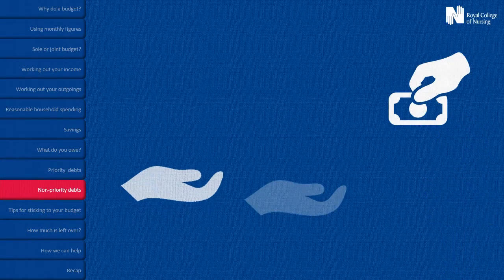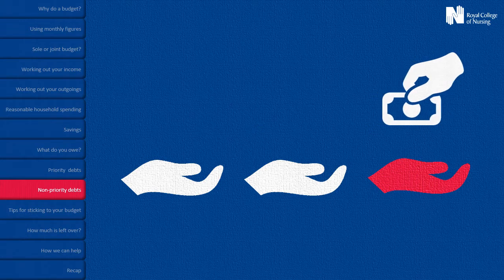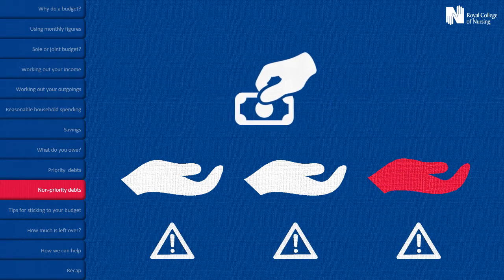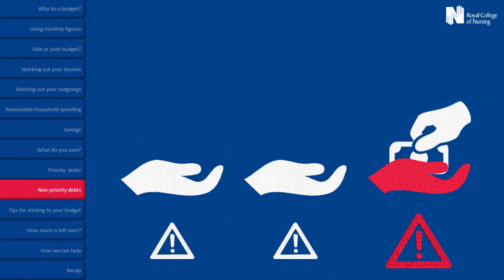Some non-priority debts may feel more important to you to deal with than your priority debts. You need to sort your debts based on the powers that are available to your creditors to get money back from you.